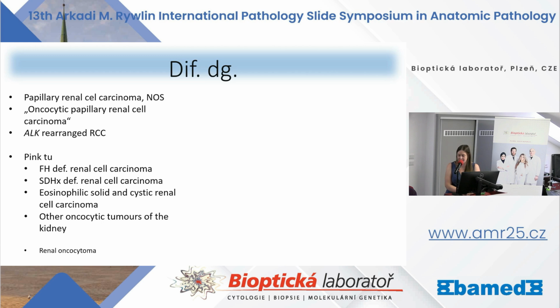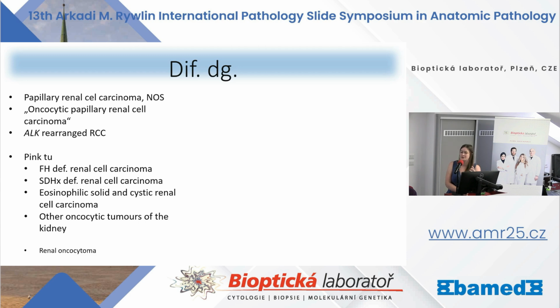Eosinophilic solid and cystic renal cell carcinoma. To be honest, there is an overlapping morphology between the eosinophilic solid and cystic renal cell carcinoma and TFE-B amplified renal cell carcinoma in an important part of cases. There is not only morphological overlap, but even immunohistochemical overlap, as both entities have CD20 positivity.